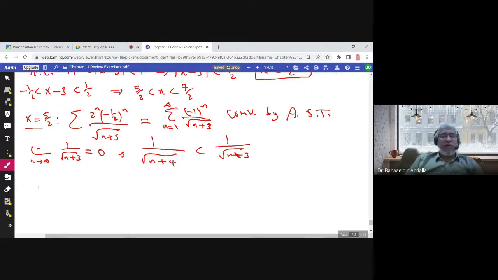So it's convergent. While if x is 7 over 2, I'll have half to the power n times 2 to the power n. This would be 1 to the power n, which is 1, and I'll have this series.